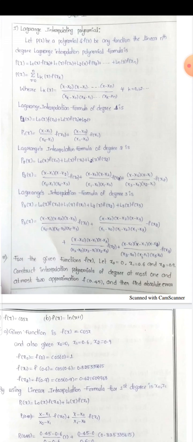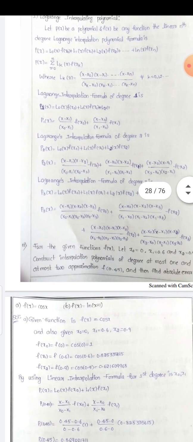Construct interpolation polynomial of degree at most 1 and at most 2, approximate f of 0.45, and then find the absolute error. (a) f of x is equal to cos x, (b) f of x equals ln of (x plus 1).